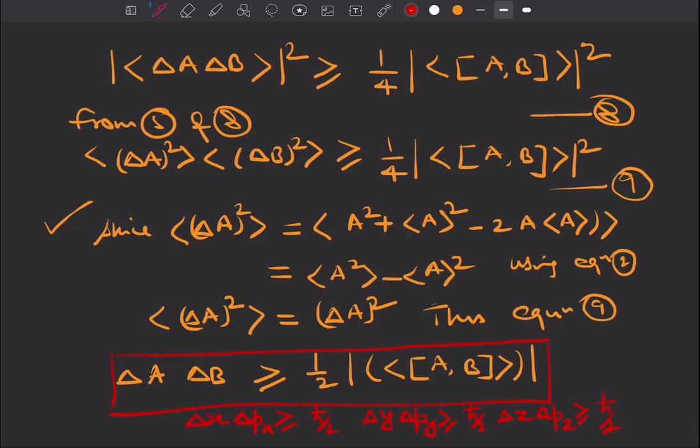So this is the uncertainty relation between two operators.